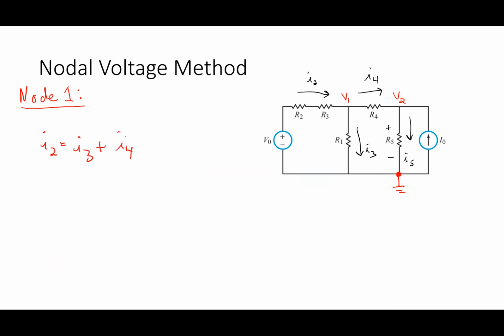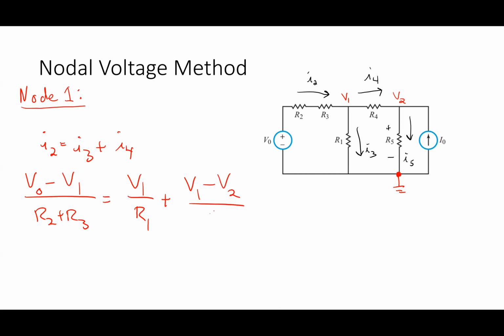And based on the way I wrote that stuff on the previous slide, I have V0 minus V1 over R2 plus R3 equals V1 over R1 plus V1 minus V2 over R4. All right. That's the result that I get. And you can do node 2 similarly.